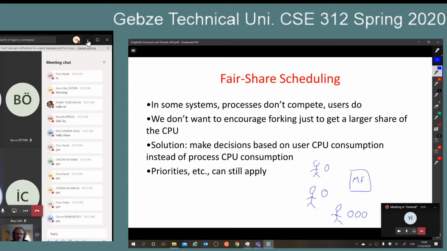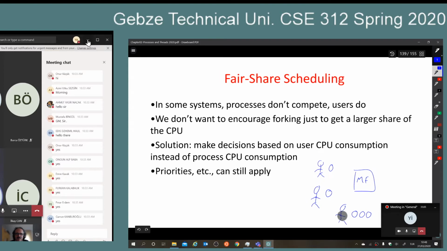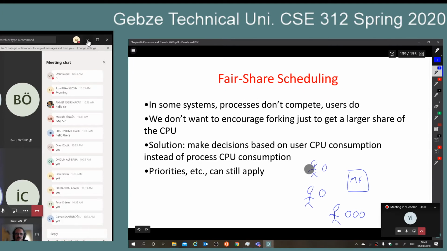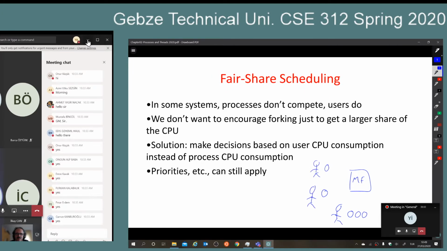So we make our decision based on the CPU consumption of the users instead of process CPU consumption. Of course, this person could have more priority than this person, or this person can have lower priority than this person. This could still be implemented, but I do my scheduling based on the user CPU consumption data.